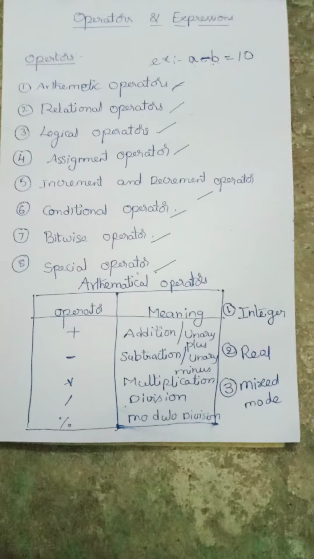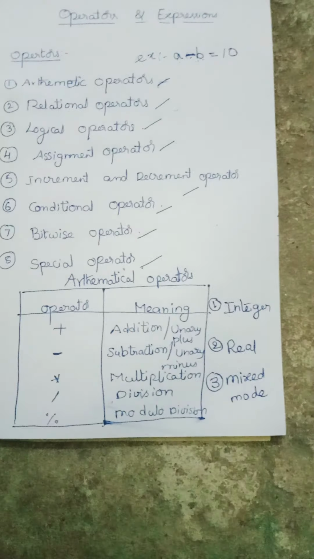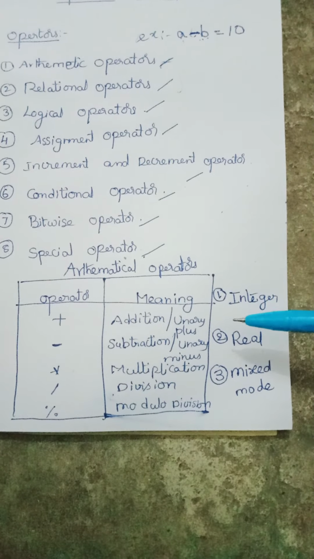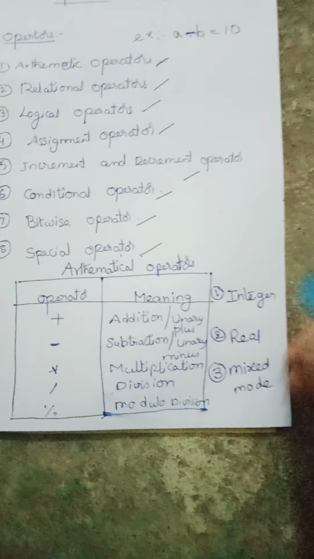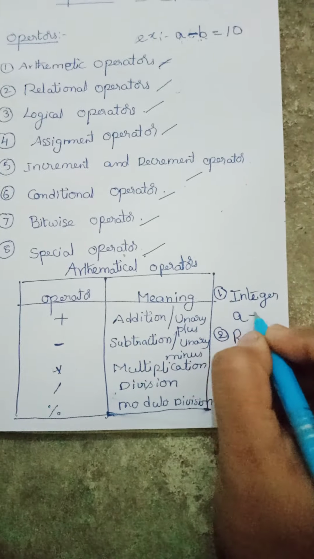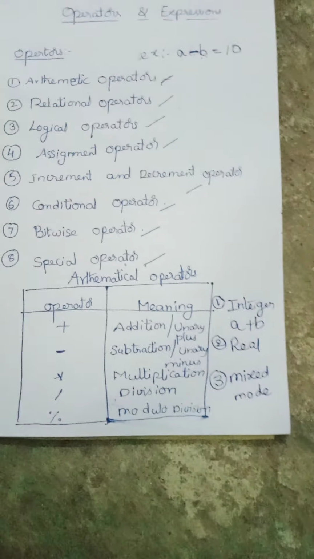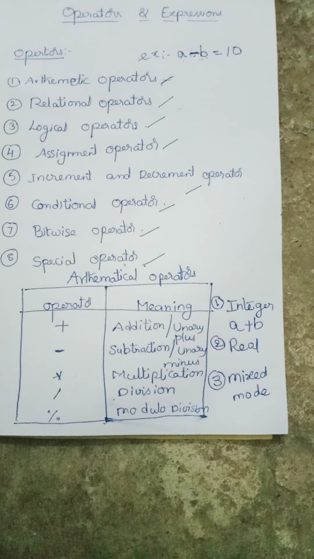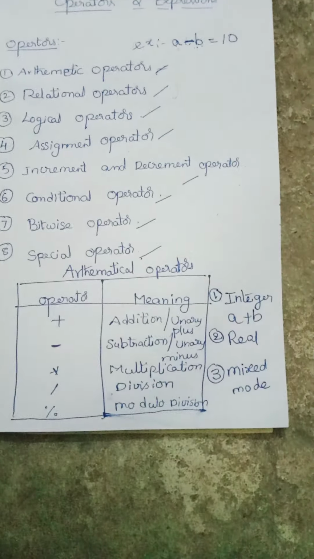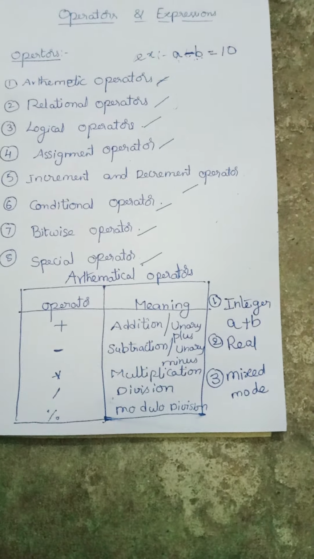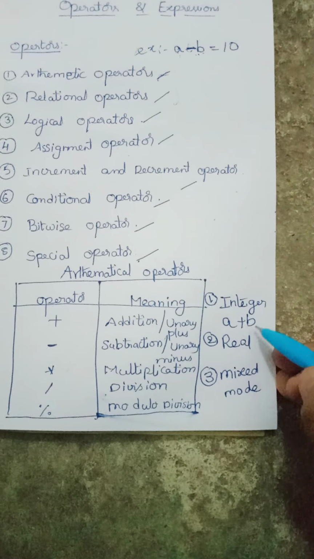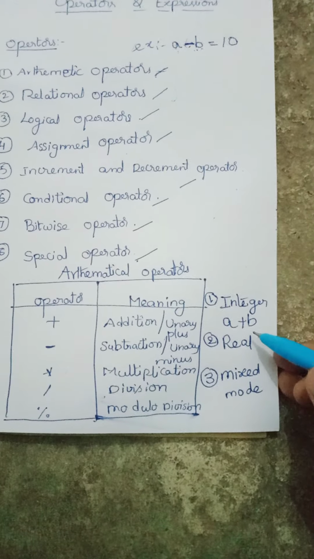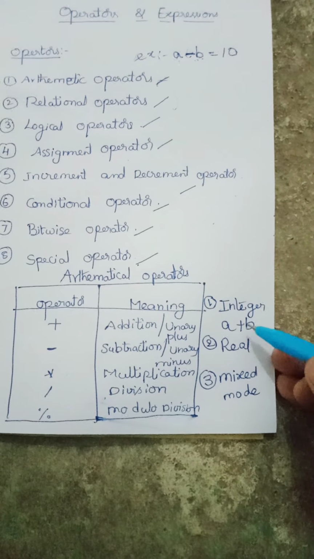First one, integer arithmetic. When both the operands in a single arithmetic expression such as a plus b are integers, the expression is called integer expression. This expression is called integer expression and the operation is called integer arithmetic.